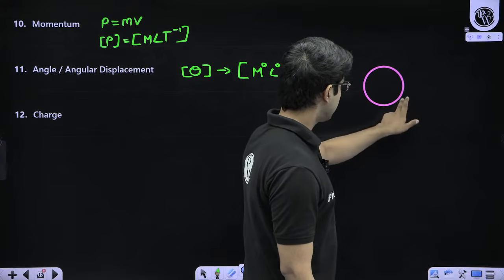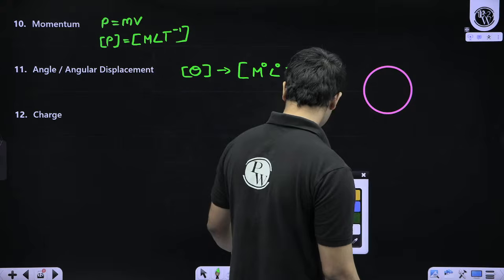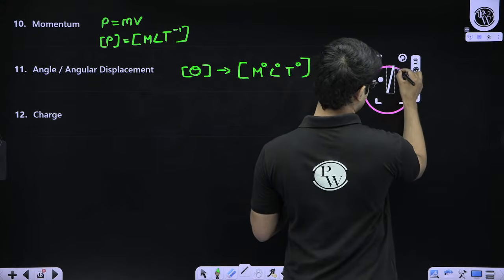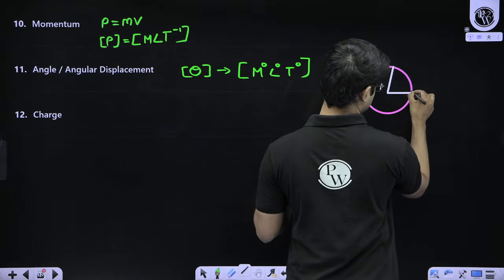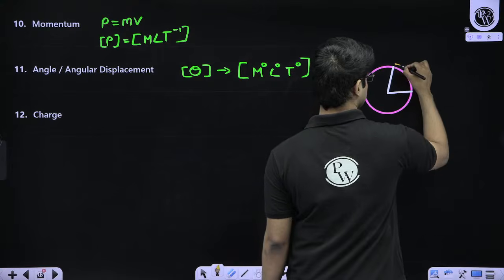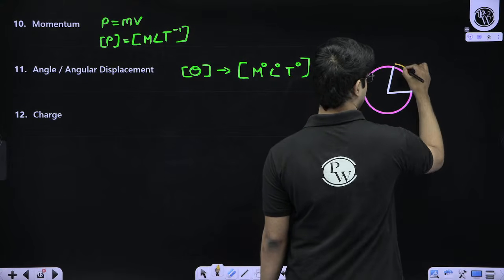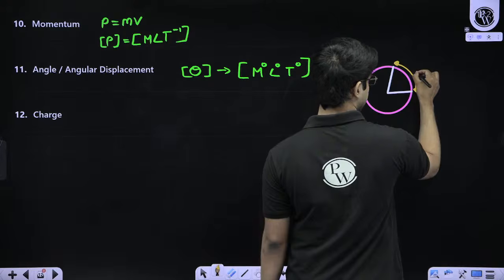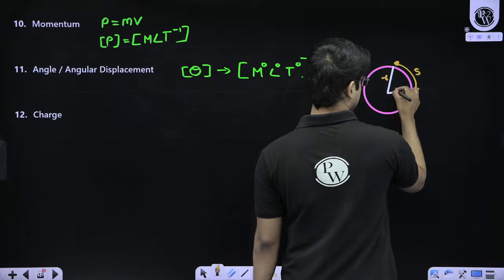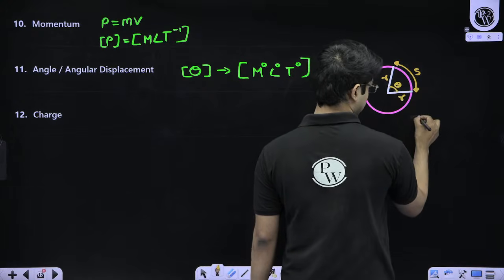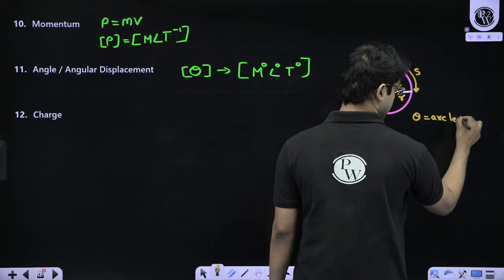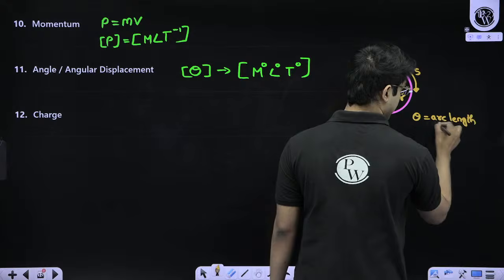Like if you take a circle and mark down an arc of the circle, and the length of this arc is, let's say, S, and the radius of the circle is R, then this angle theta is defined as the arc length divided by the radius.